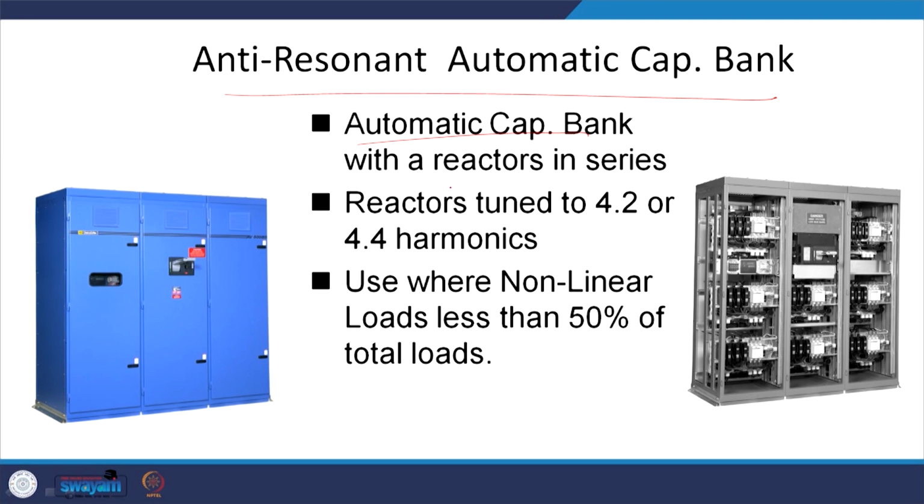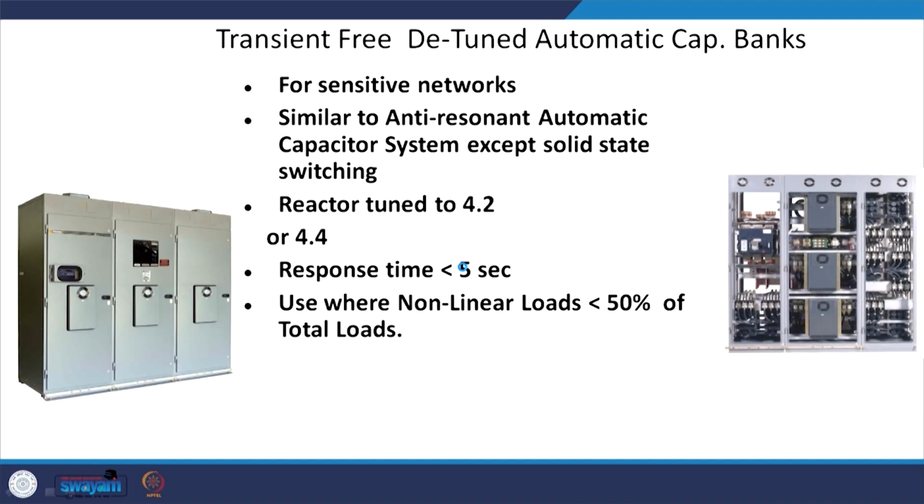The automatic capacitor bank comes with a reactor in series, and it is tuned to just below the fifth harmonic, 4.2 to 4.4, used where the nonlinear load is less than 50% of the total load. And the transient free detuned automatic bank is for very sensitive networks, similar to the anti-resonance capacitor.